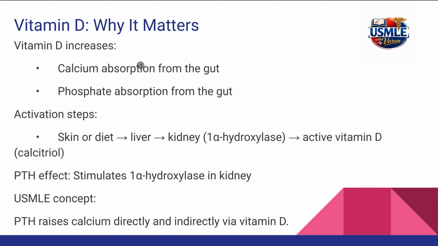Vitamin D increases calcium and phosphate absorption from the gut, and parathyroid hormone stimulates the synthesis of this vitamin D. After intake, either through the skin or through diet, vitamin D travels through the liver, and then at the level of the kidney, by the action of 1-alpha hydroxylase, it is converted into an active form of vitamin D, which is called calcitriol.